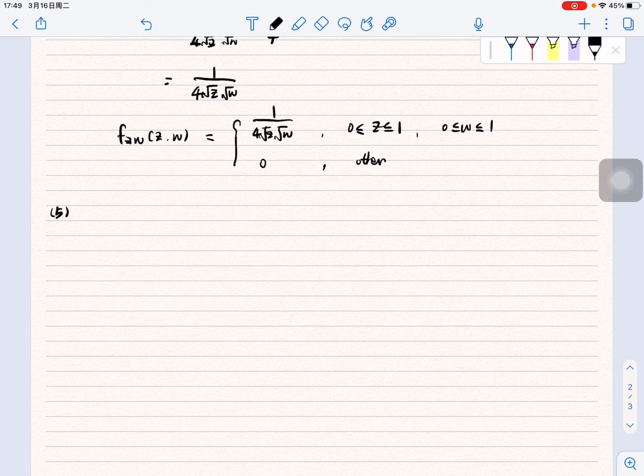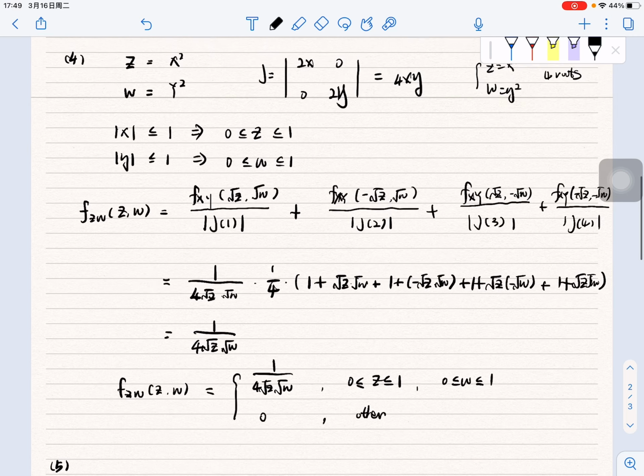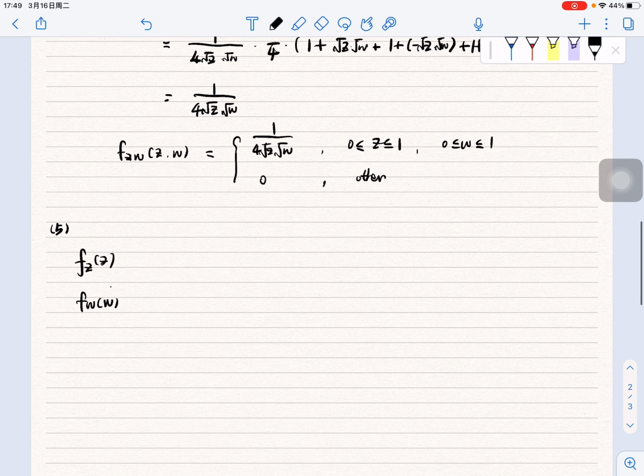And next, question 5, we need to prove or disprove that x squared and y squared are independent. We can calculate the density functions of fz and fw. Here w is y squared, z is x squared.